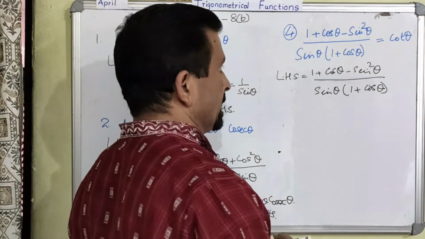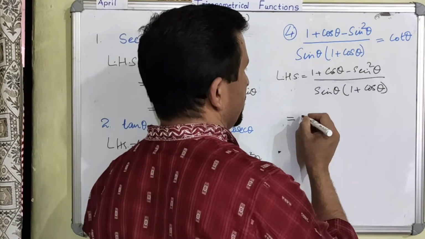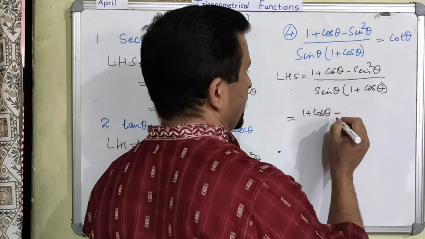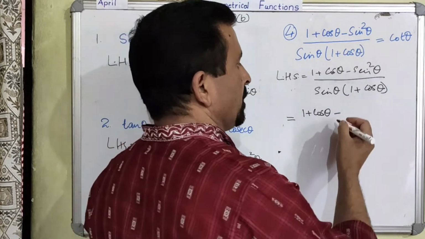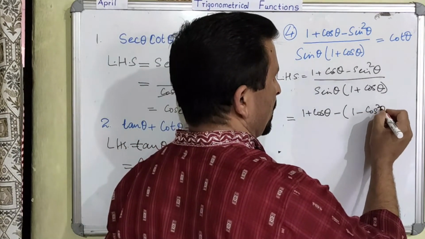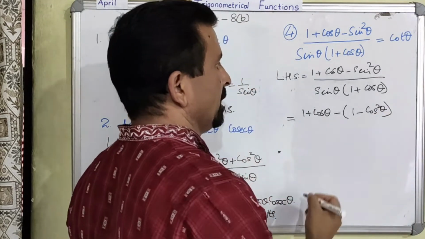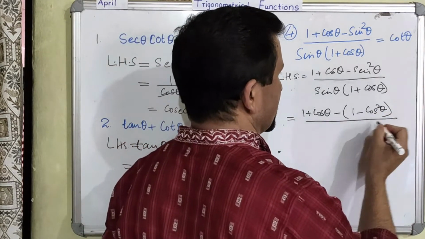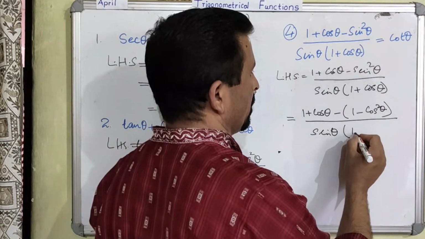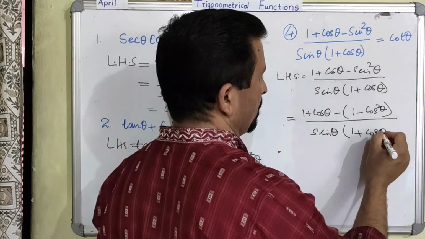So we can write the identity for this. Rest will remain as it is, 1 plus cos theta minus, for sine square theta, we can write this as 1 minus cos square theta from the first trigonometrical identity. And the remaining we are writing as it is. The denominator is sine theta into 1 plus cos theta.